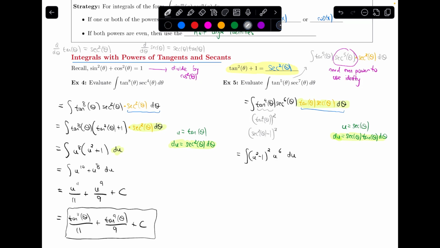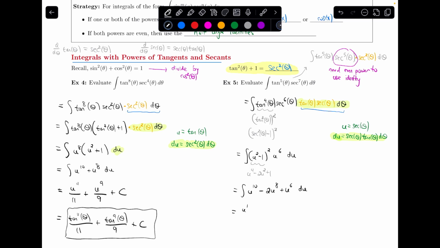But to evaluate this whole term that gets squared, I have to FOIL and expand that out. So doing that, I get u to the fourth minus 2u squared plus 1. Then I can distribute u to the sixth into that. So that gives me the integral of u to the 10th minus 2u to the 8th plus u to the sixth.